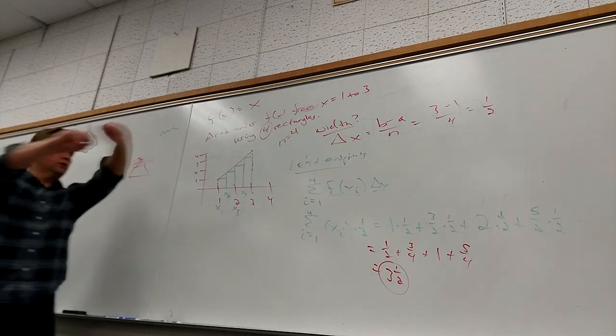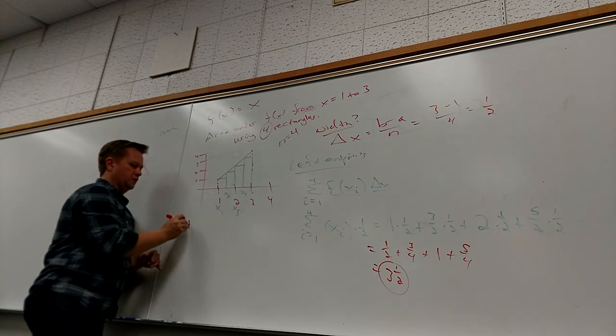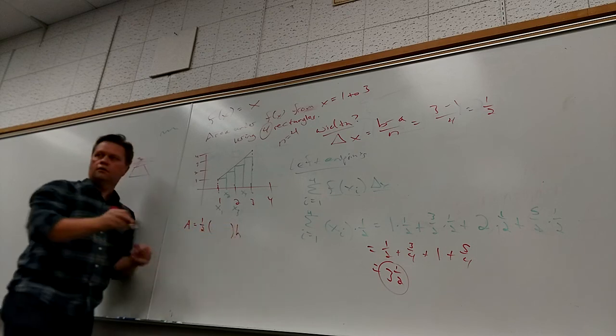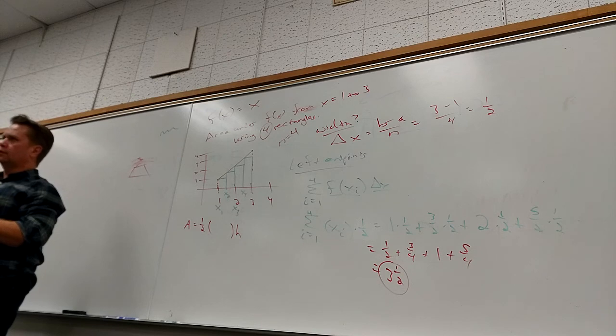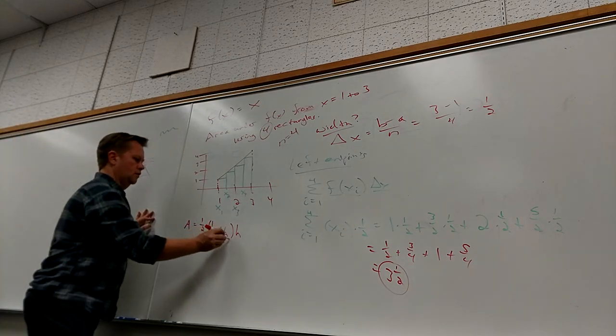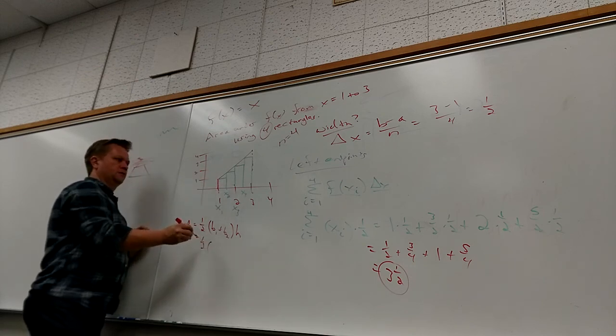Now, real quick, the area of this trapezoid. Who remembers the area of a trapezoid? It's 1/2 base times height for a triangle, and a trapezoid has 2 bases. Well, how long is this base? 1.